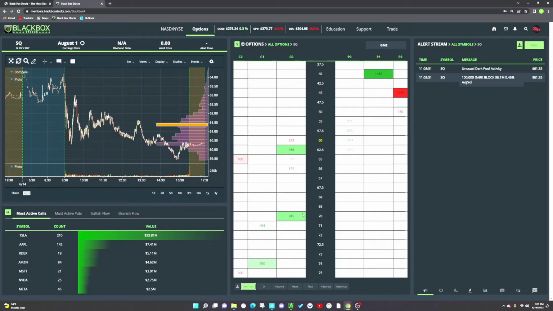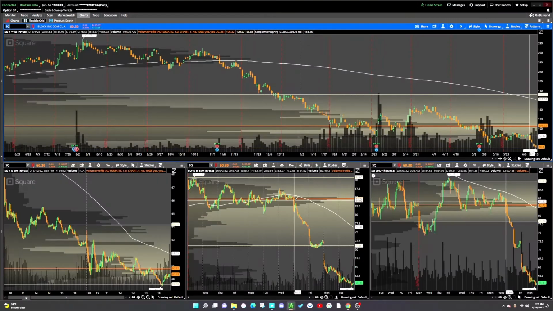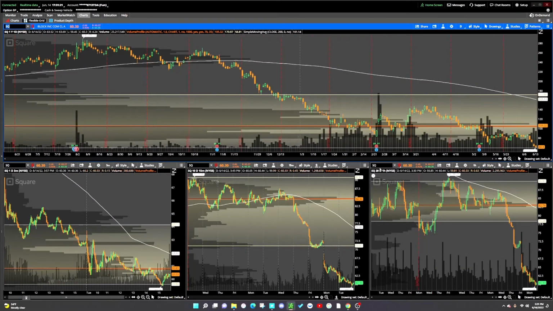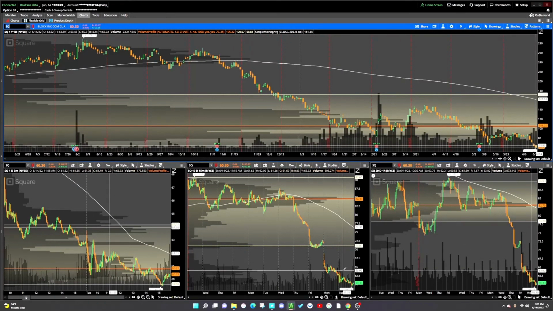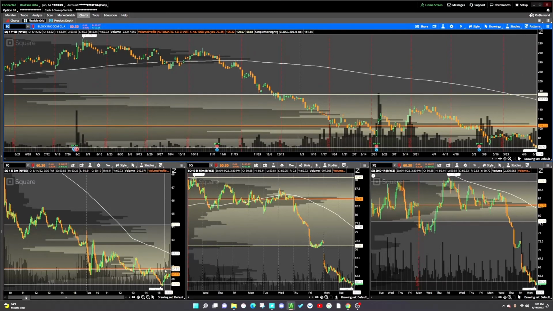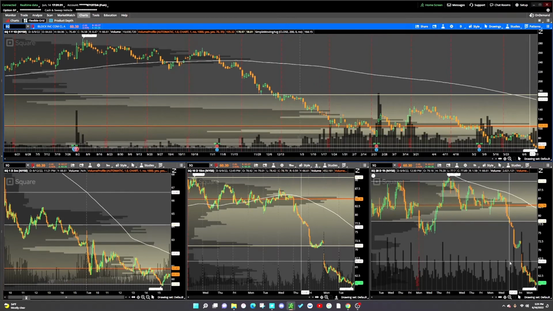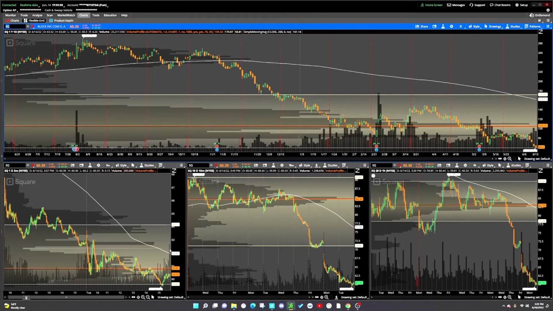Square, we had the 62, we had the 70s, and up to the 74s, with our dark pool print coming in at 61.35. So I can say, all right, 61.35, I do want to notate that. Point of control today was $60.81. Yearly is 105.32, and we have some gaps to get filled.